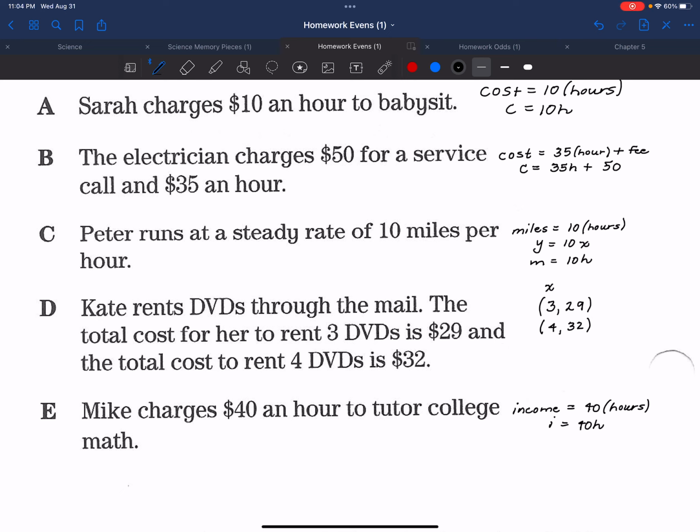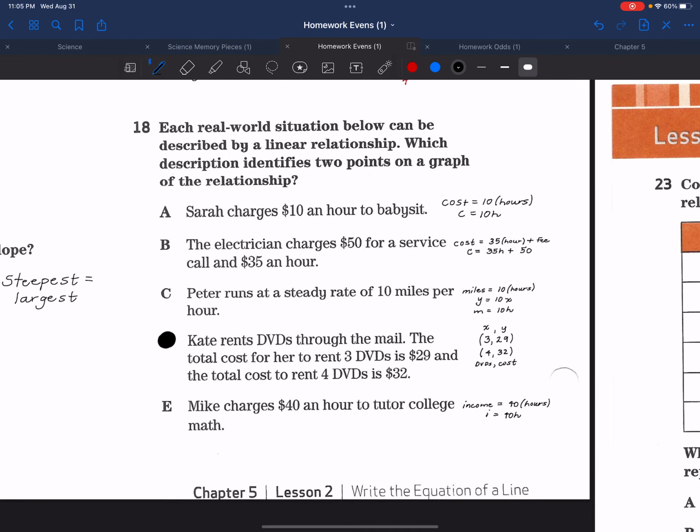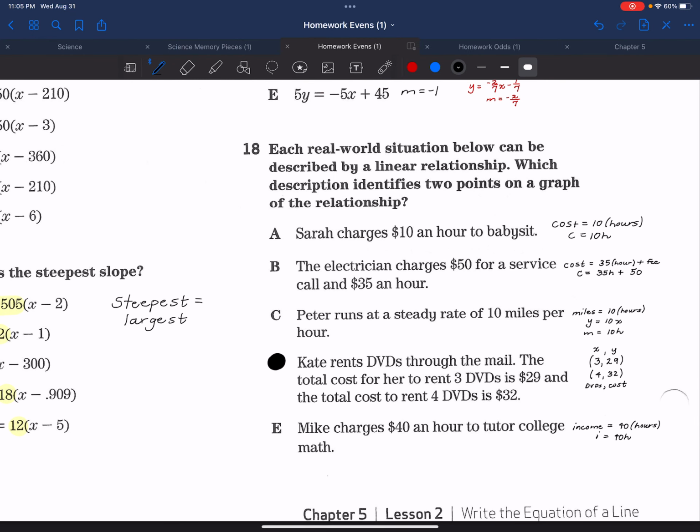Where X is the number of DVDs and Y is the cost. This is not a relationship. These are actual values of a function. So the answer you want for this one is D. It says, which one of those situations identifies 2 points on a graph?